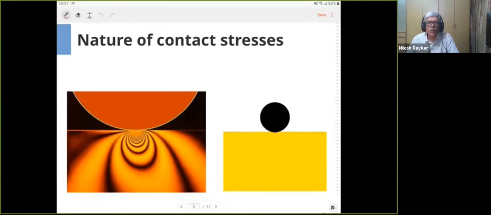The theory is based on the calculations or the research done by Hertz, and essentially it means that whenever two bodies are touching each other, the theoretical contact is either a line contact or point contact. But because we are considering bodies as deformable, there will be a deformation of the contact surface, because of which there is a finite width of contact which will support the contacting bodies, and there will be a finite stress.